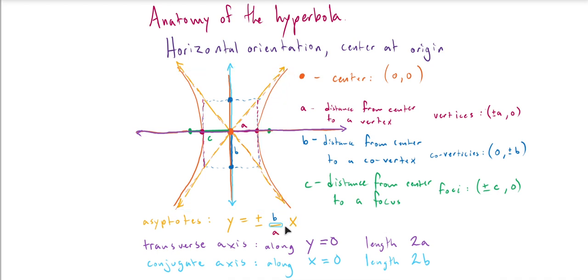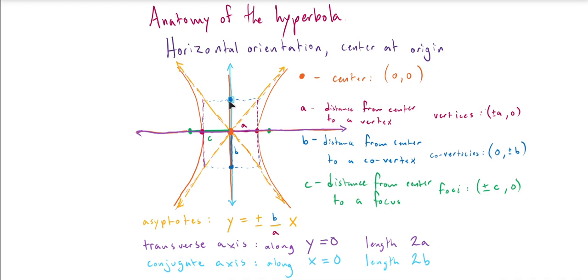The slopes of these asymptotes are characterized by a ratio to the length of the distance between the vertices. The distance from the center to one of the vertices we will call a, and there is a certain other number b, which in ratio will give us the slopes of these asymptotes.